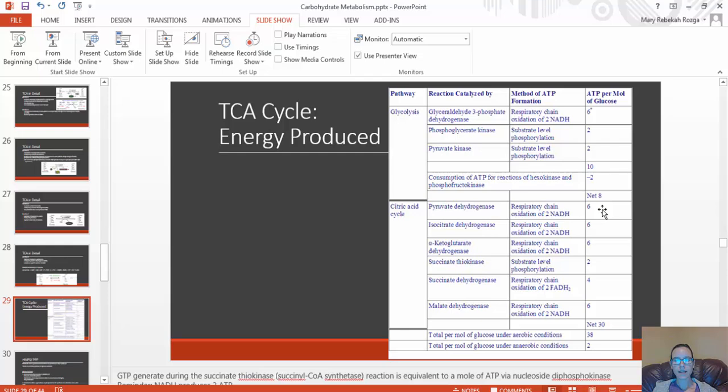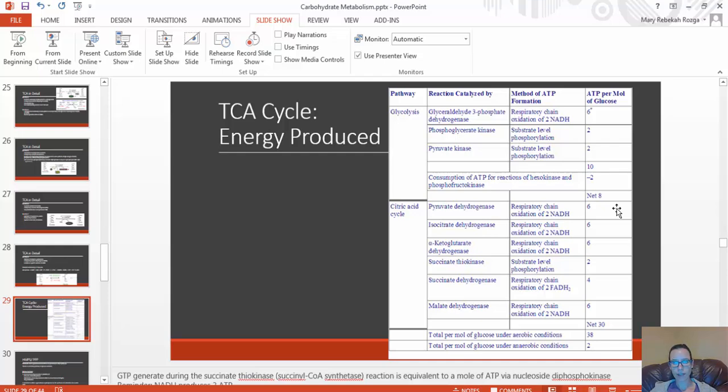And then we have the TCA cycle, which produces, remember, after we get to a certain stage in glycolysis, all of our reactions are occurring twice. So this is showing that we'll produce 24 ATP per cycle of the TCA cycle, but then remember we're doubling it because for each mole of glucose, it breaks up into those 3-carbon subunits in glycolysis, and then everything is happening twice.